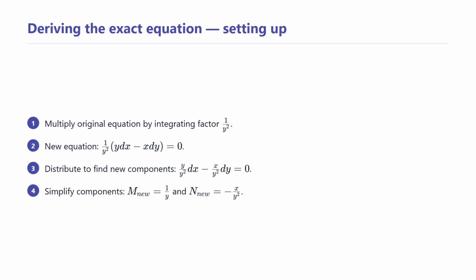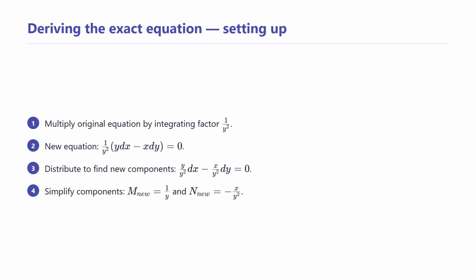Now, let us apply our integrating factor to fix this. We multiply the entire original equation by 1 over y squared. Distributing this term gives us a brand new equation. Our new M function becomes 1 over y, and our new N function becomes negative x over y squared.